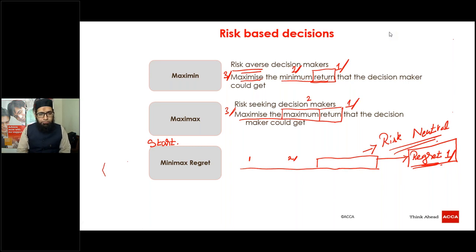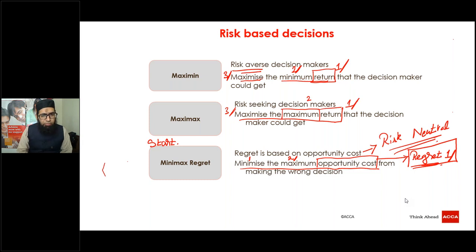First of all, we have three risk-based decisions. One is maximin, the other one is maximax, and the final one is minimax. The decision for the minimax is to minimize the maximum opportunity cost, and opportunity cost is also known as regret.